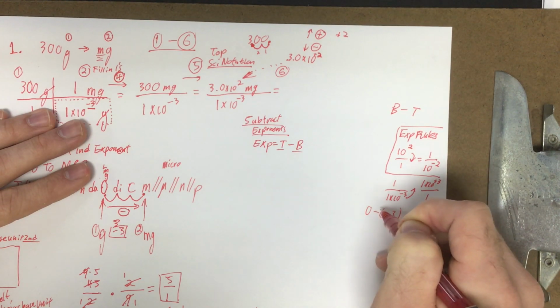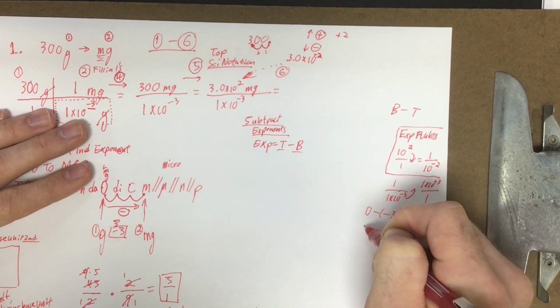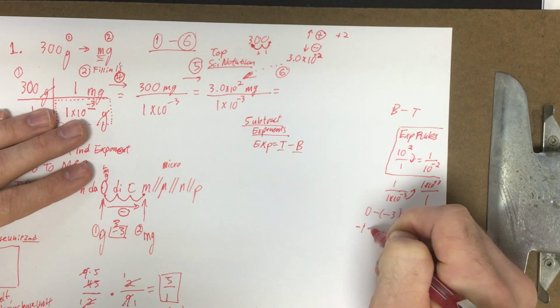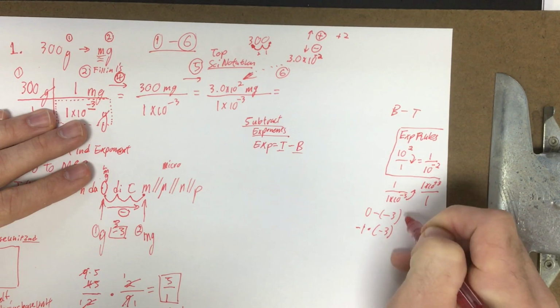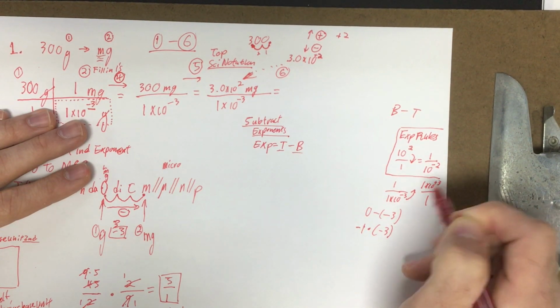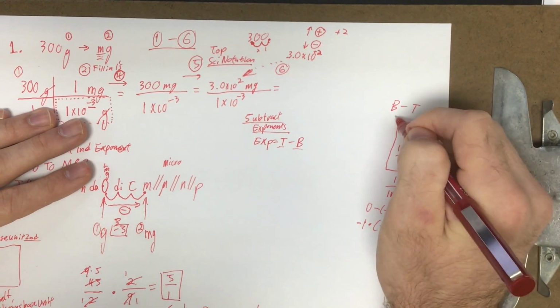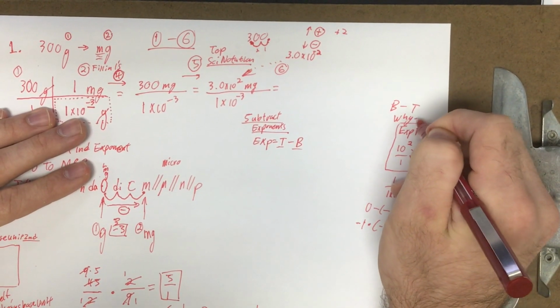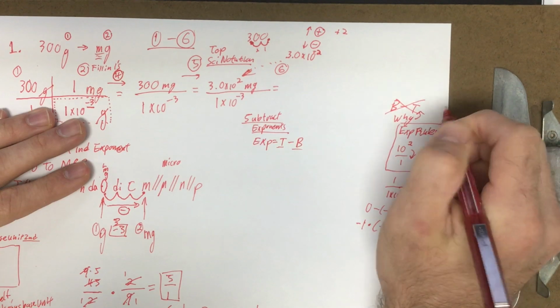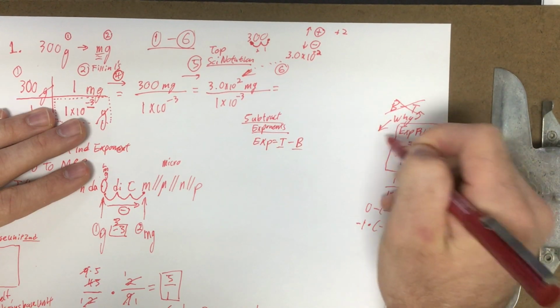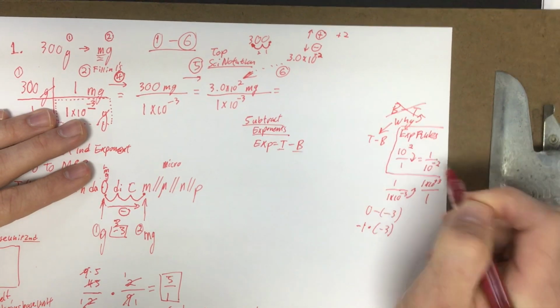Multiplying by a negative 1 times the negative 3, and just putting that on top, okay? That's just why we do top minus bottom.